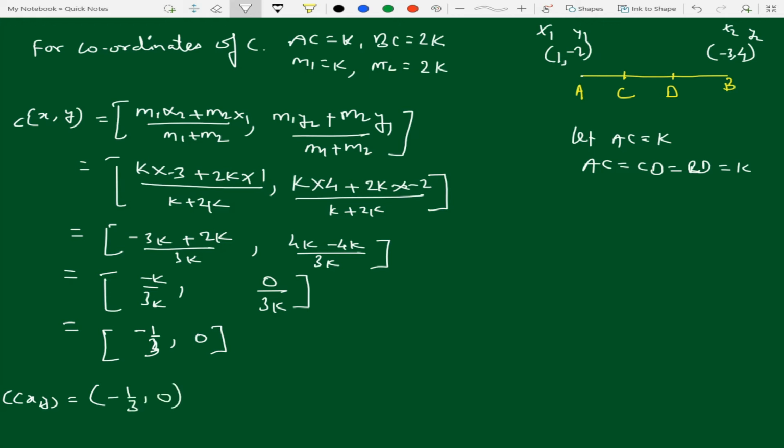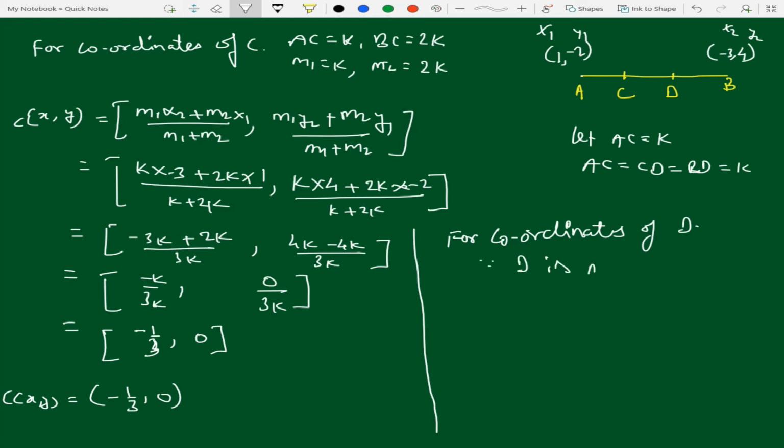Now for coordinates of D. Here D is the midpoint of BC.